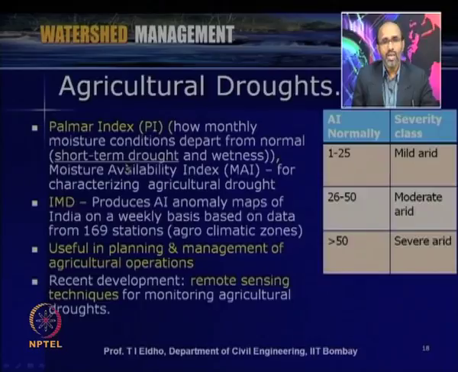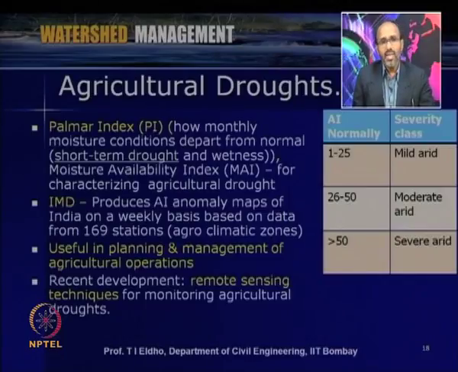It is actually a short-term drought and wetness index, and then there is the moisture availability index. These are all used to identify whether a particular area has agricultural drought, and accordingly, whether it is short term or long term, we have to go for various mitigation measures.